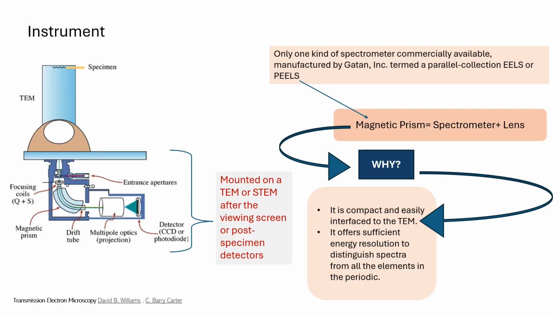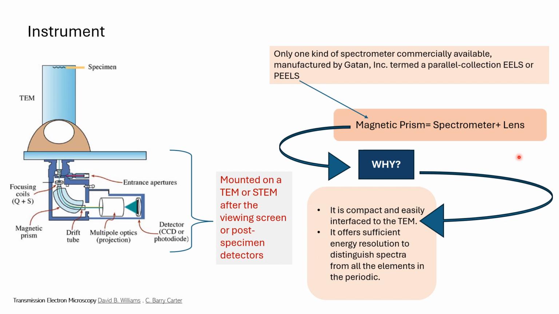There is only one kind of spectrometer commercially available, which is mounted on a TEM or STEM after the viewing screen. This is called the EELS or parallel collection EELS. Actually, EELS is a magnetic prism which acts both as spectrometer and lens. Now we can wonder, okay, so this is a spectrometer, but why lens?